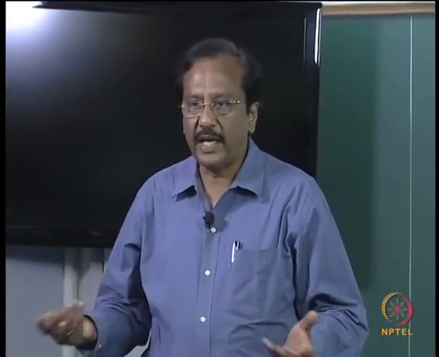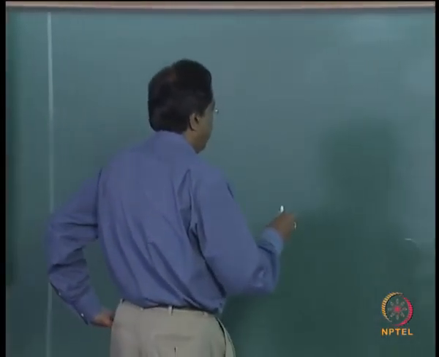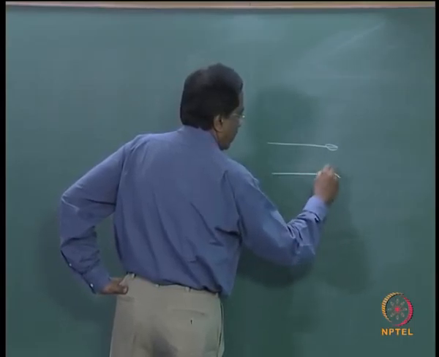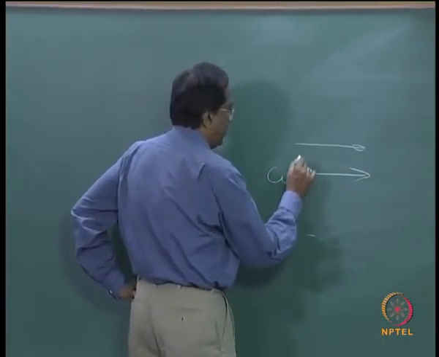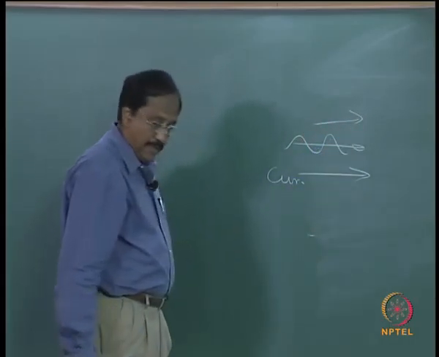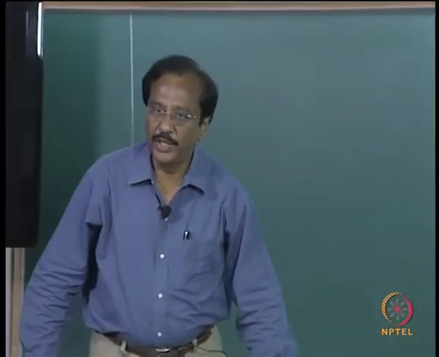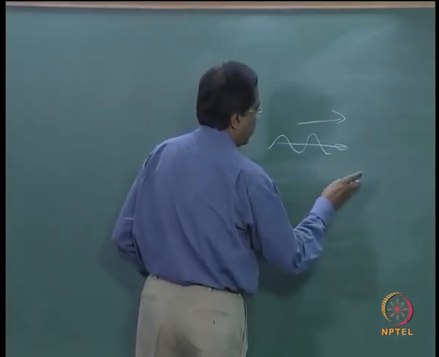So, you can have a situation in the ocean where the waves are moving in this direction with a following current. So, the current will be here and the waves are also moving in this direction, that is called following currents, or you can have a current in the opposite direction.